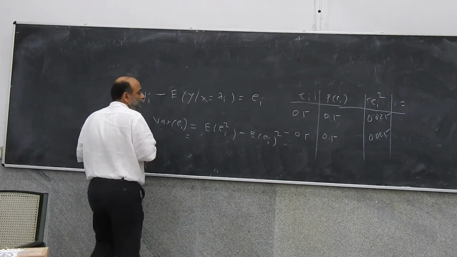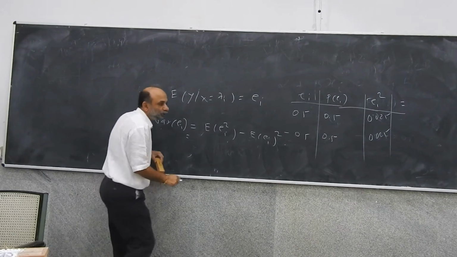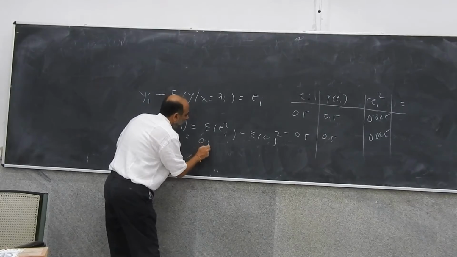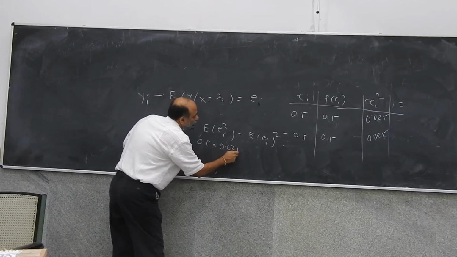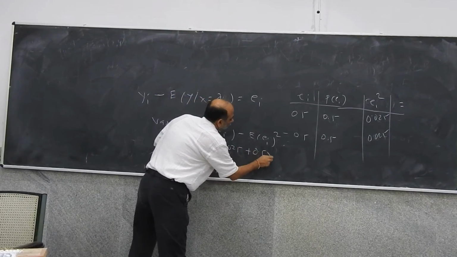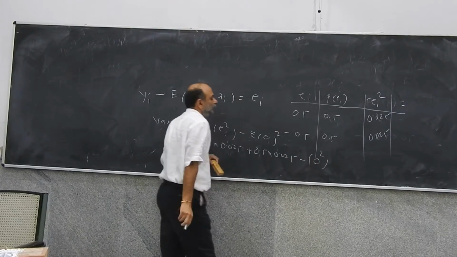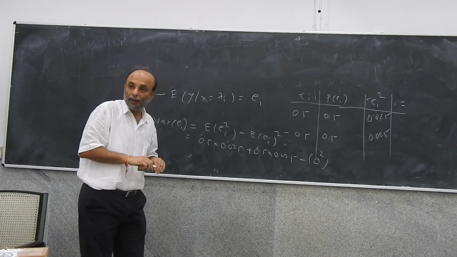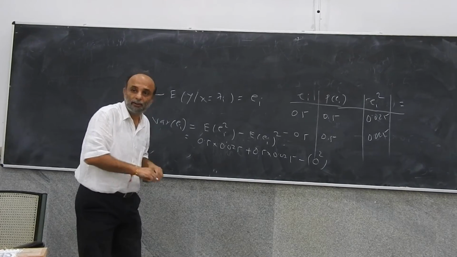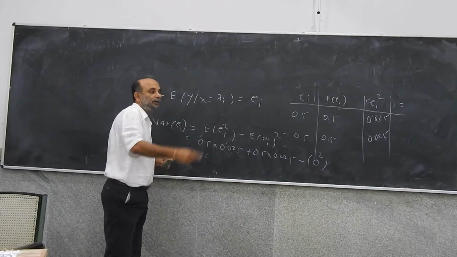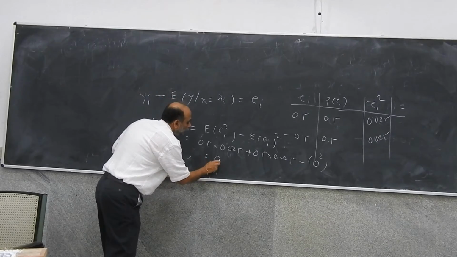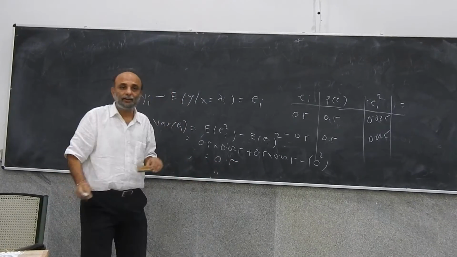So therefore, expectation of ei square is 0.5 into 0.025 plus 0.5 into 0.025 minus 0 square, which is equal to what? Which is 0.5, right?